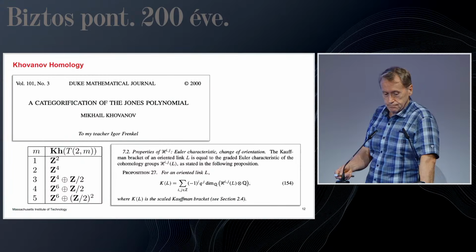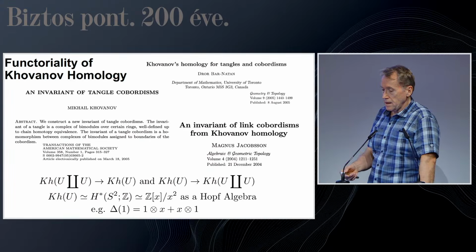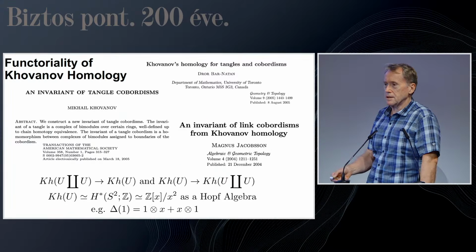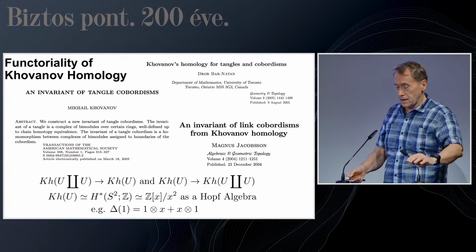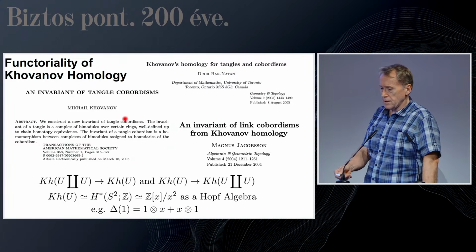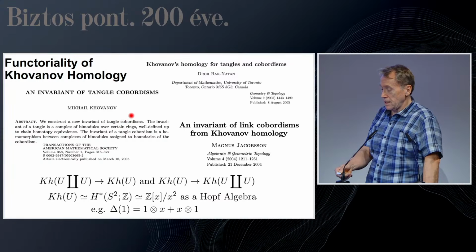So that's another character. It took some time to make it into a functor. So this is defined for knots and links, but it took a few years from its definition. I mean, Khovanov believed, I think, that it was true already, but then it was done by Khovanov, Bar-Natan, and Jacobsson.